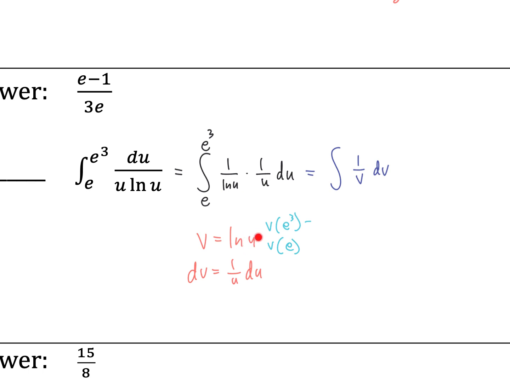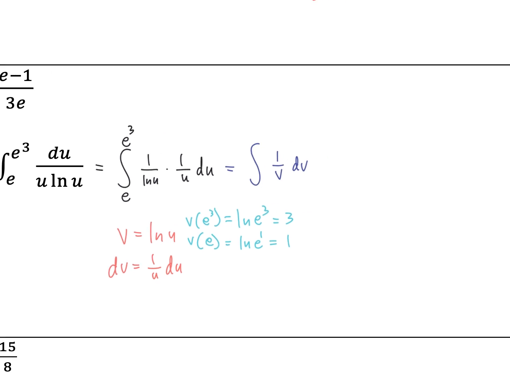So we'll plug them in for this u here to get it in terms of v. So ln of e cubed. Okay, ln of e to the third is just 3. ln of e to the 1 is just 1. So if you do ln of e to an exponent, you just get back that exponent. Okay, so those are our new limits.